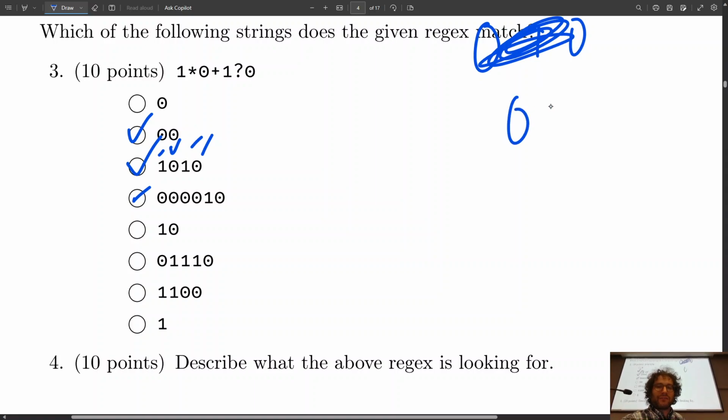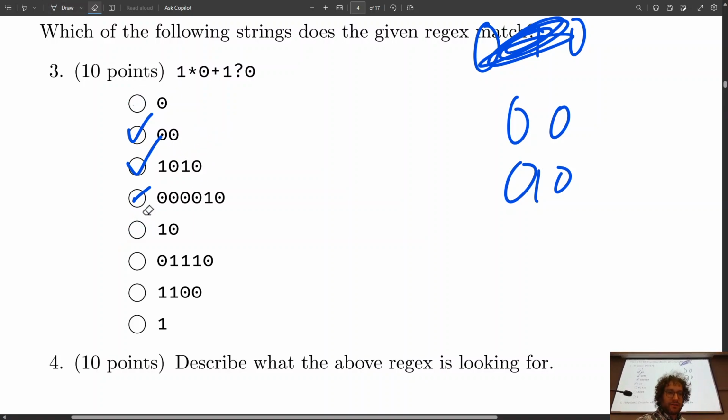The smallest thing we can have is 0 0. The smallest thing with a 1 in there is 0 1 0. Right? So not that.